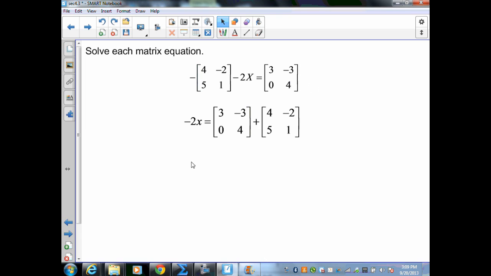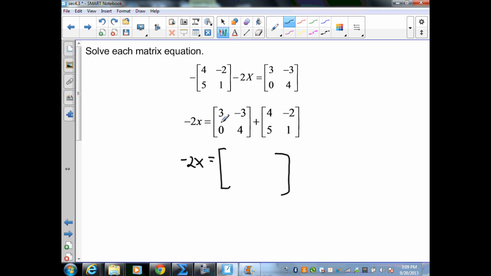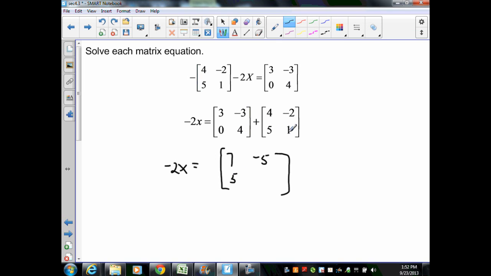So what I'm left with on the left is a negative 2x, which equals, and all I have to do is perform the addition of corresponding elements in these matrices. 3 plus 4 is 7. Negative 3 plus a negative 2 is a negative 5. 0 plus 5 is 5. And 4 plus 1 is 5.